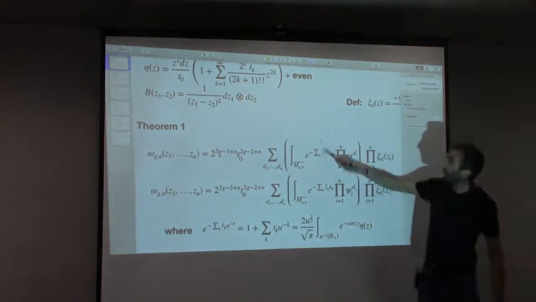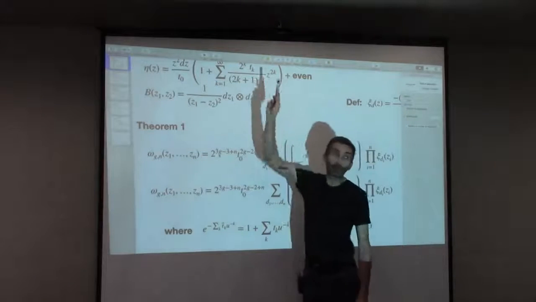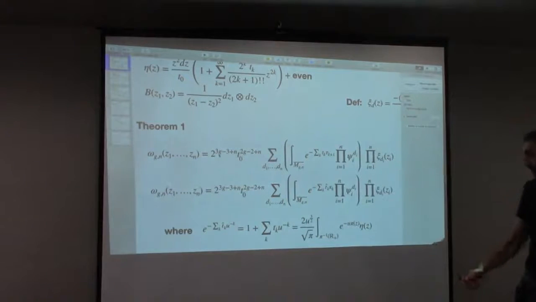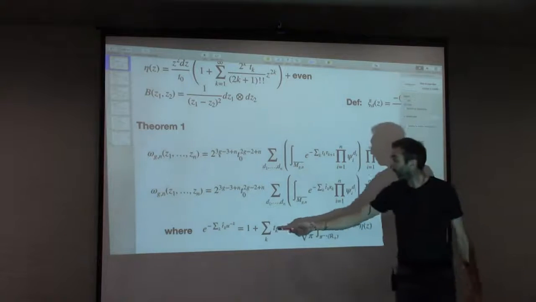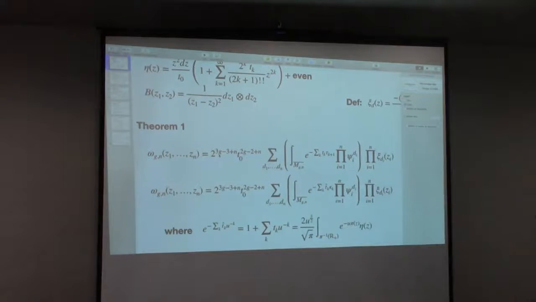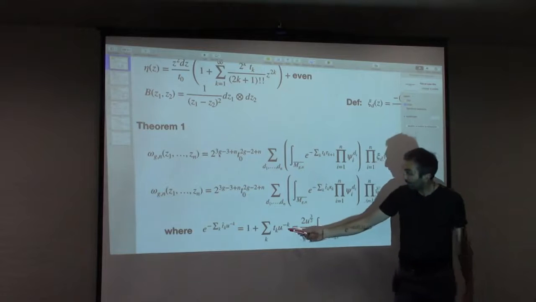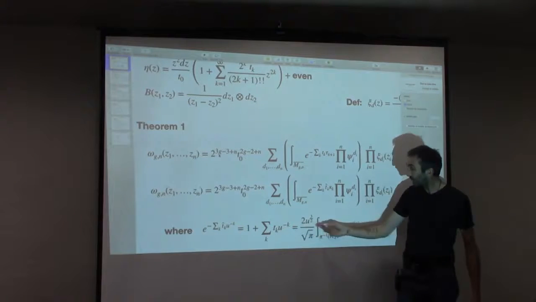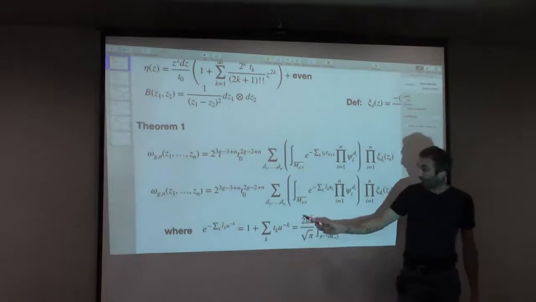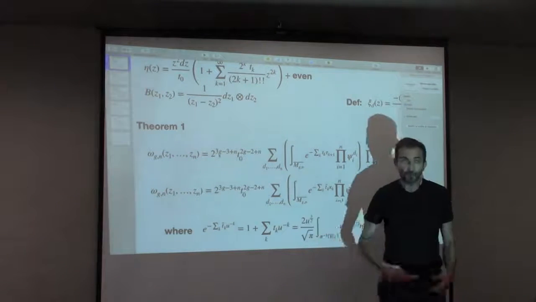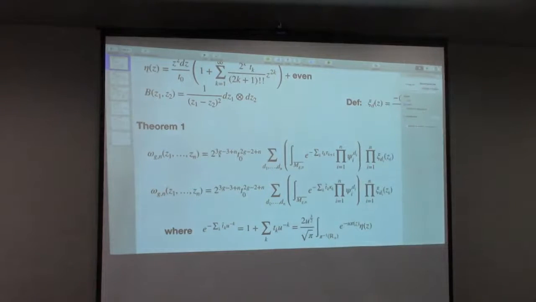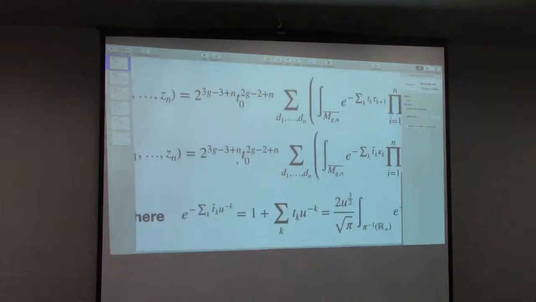The Laplace transform will kill the denominators and the powers of 2 here, so it will directly make a series, the sum of t_k u to the minus k. I will show you in a moment how it works. The times t_k are defined now as the coefficients of the expansion at large u of the Laplace transform. And I also define new times. Let me enlarge because it's hardly possible to read.